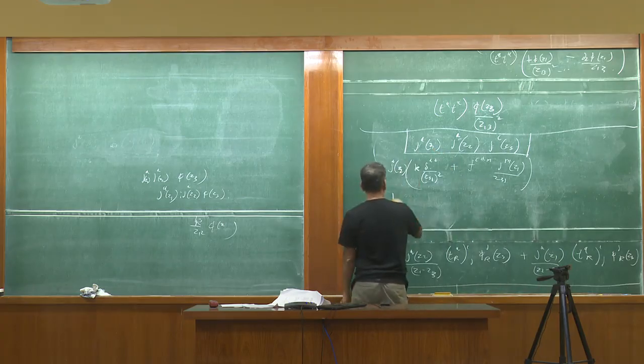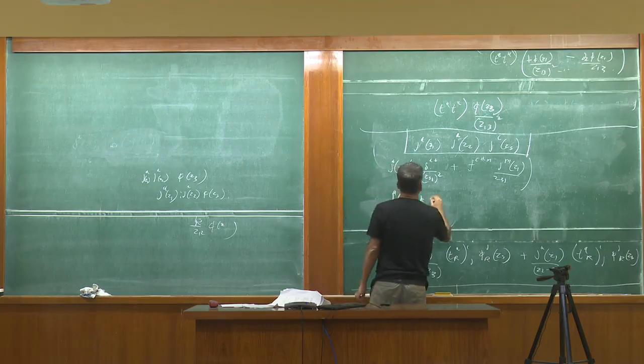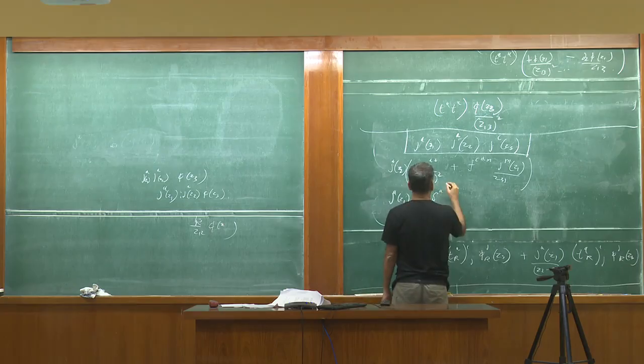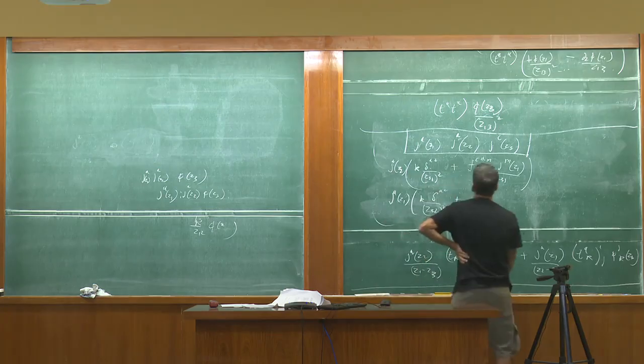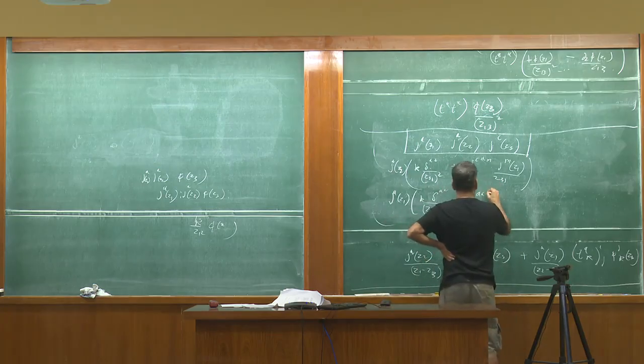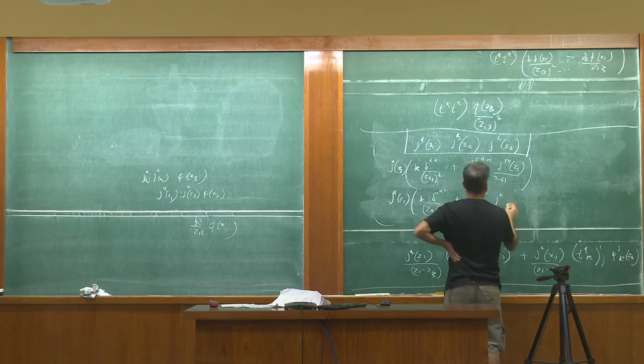And then I get the same thing with JA of Z1, K delta AC again, Z21, Z32, whole thing squared, plus FCAN JN of Z2 by Z32.